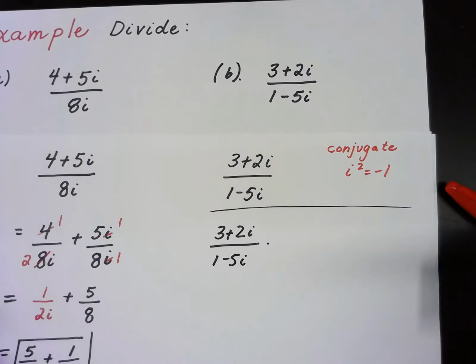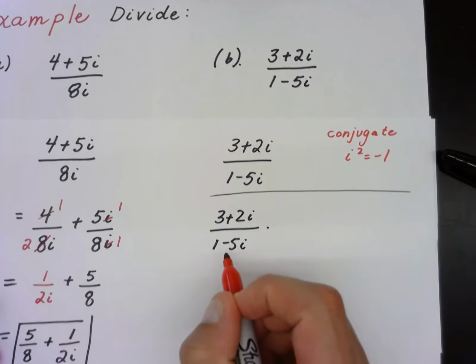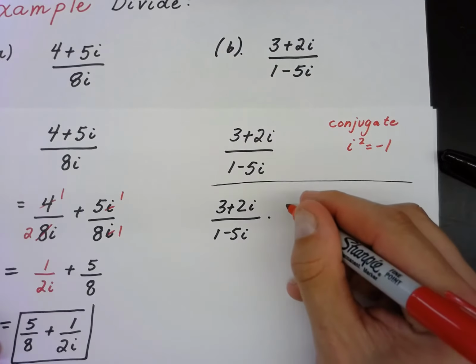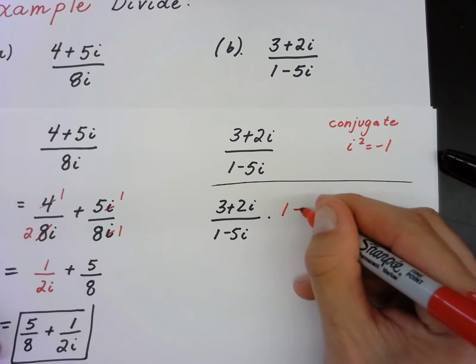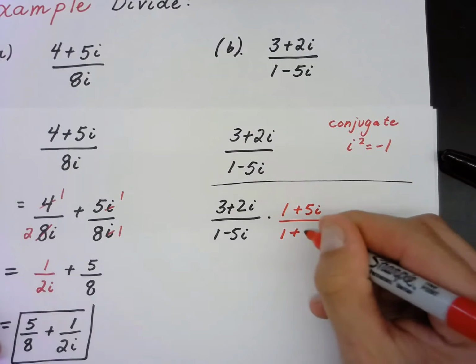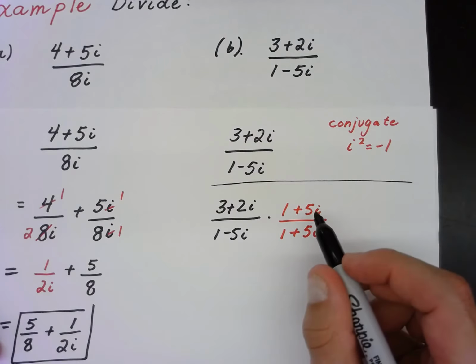Okay, so what I'm going to do is multiply the top and the bottom by the conjugate of the denominator. Remember, we want to get rid of the i in the denominator. So the conjugate is the same exact number except the sign in the middle is different. So instead of having 1 minus 5i, we're going to multiply everything by 1 plus 5i.